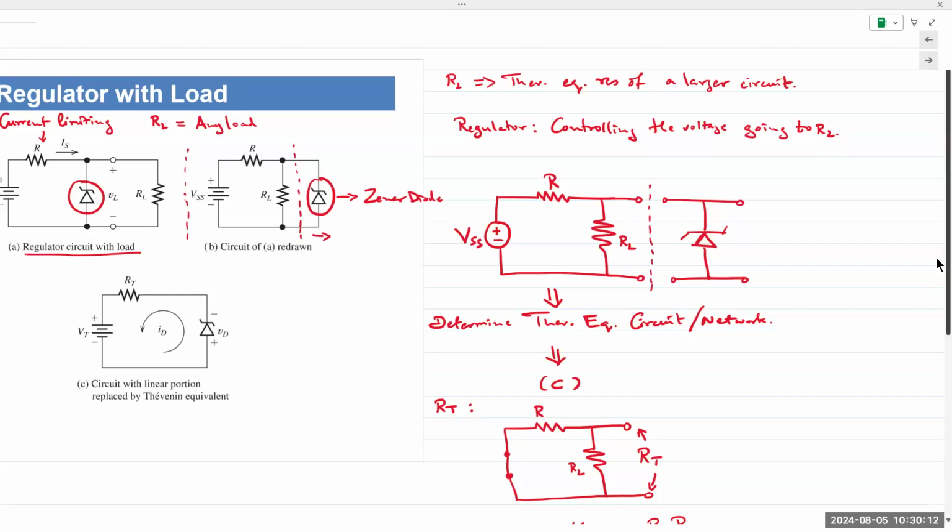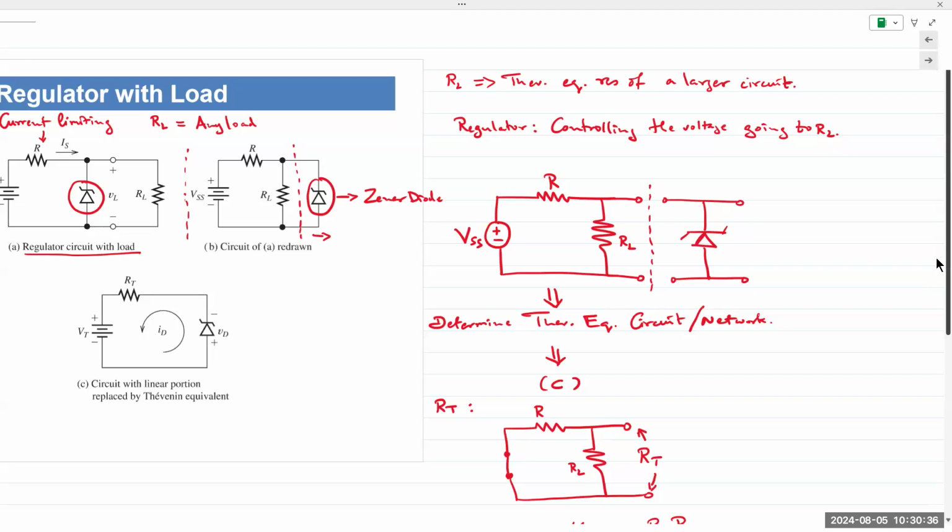So if you think backwards, it means that no matter what the voltage coming from the supply is, let's say our requirement is 5 volts. If the supply is sending in like 7 volts or 10 volts, 15 volts, 50 volts, the Zener diode should send 5 volts to your load.